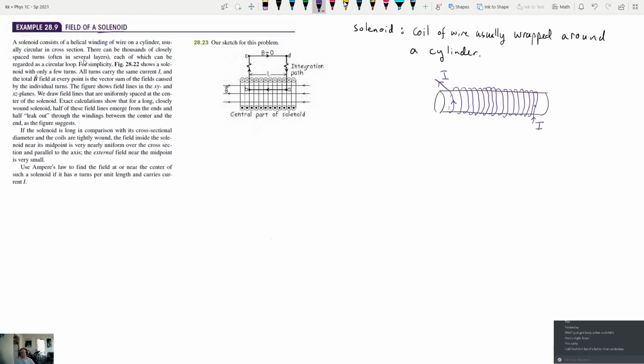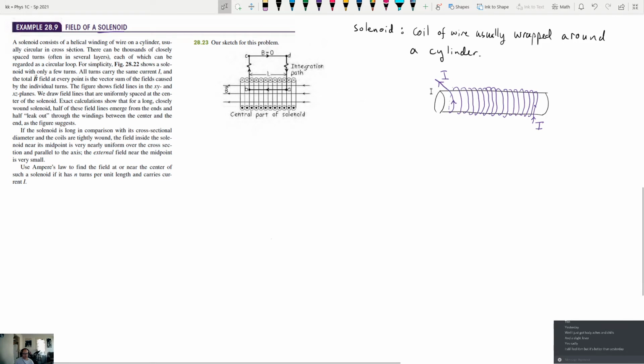Okay, so let's look at the problem. It says, a solenoid consists of a helical winding of wire on a cylinder, usually circular in cross-section. Why wouldn't it be circular? I guess it doesn't have to be. It could be a rectangular prism technically, and this would still work. I never thought about that, but that is true. There could be thousands of closely spaced turns, often in several layers.